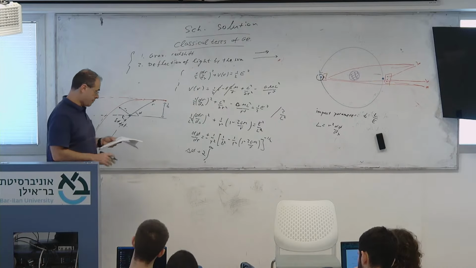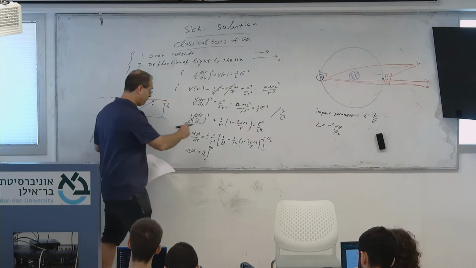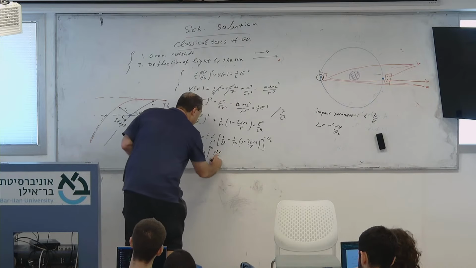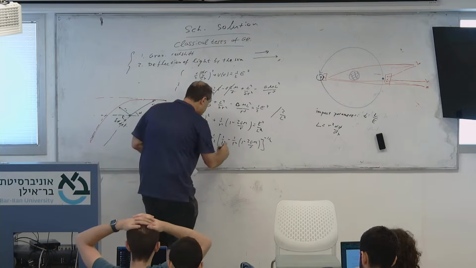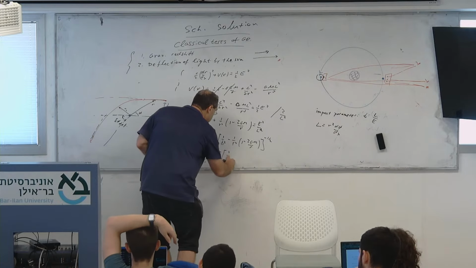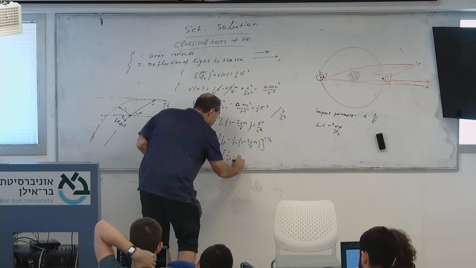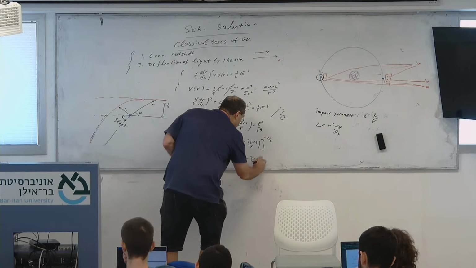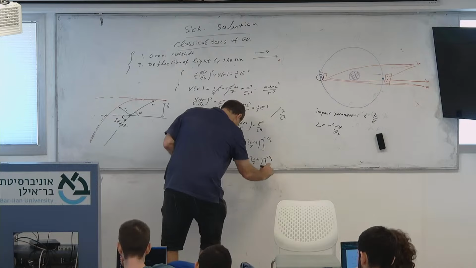So it's dr over r squared times what's written here, 1 over b squared minus 1 over r squared, 1 minus 2GM over r, to the power minus 1.